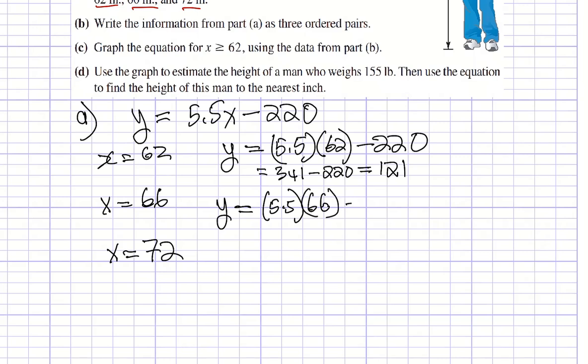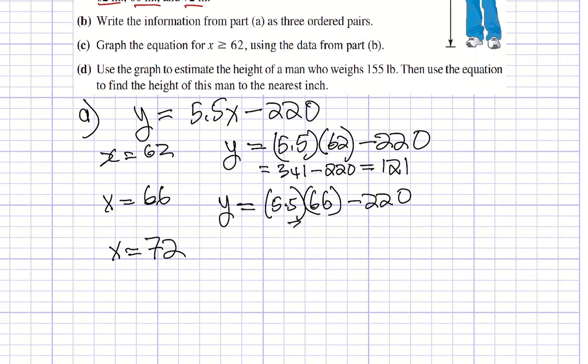That's all. Minus 220. What is that? Okay, that's what it's asking you to do. 66 times 5.5, you get 363 minus 220. What do you get?